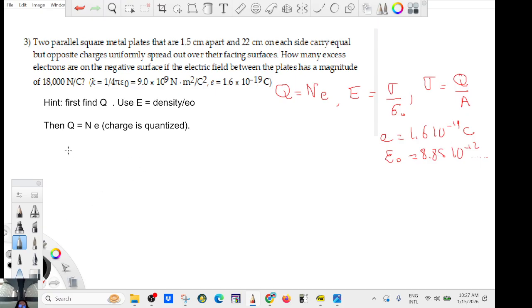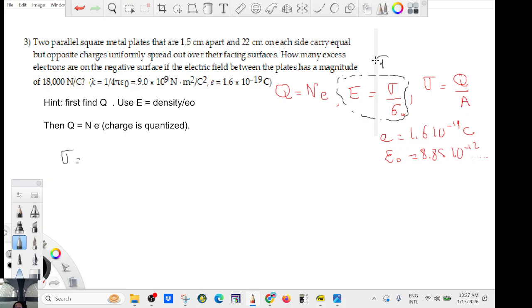Okay, so first of all, you can find the charge density, the density. Do we have the density? No, we have the electric field. Ah, we have the electric field. Okay, so we can use this equation.